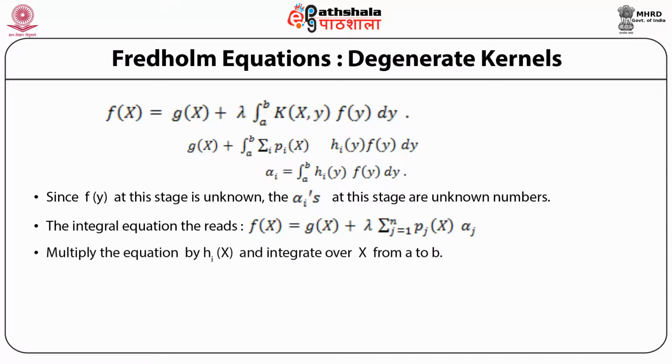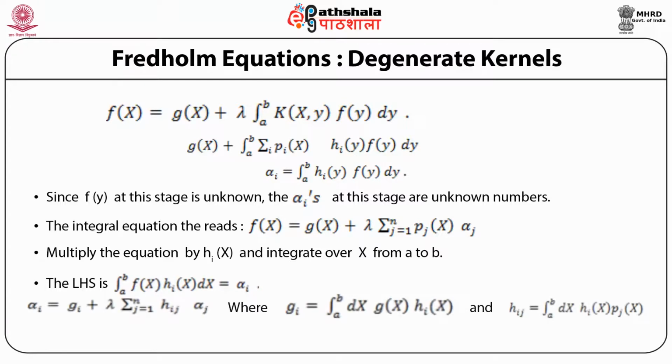Now multiply the equation by h_i(x) and integrate over x from a to b. The left hand side is simply an integral from a to b of a product of two functions f(x) and the function h_i(x) with which we have multiplied it, and which from our definition is simply equal to alpha_i.